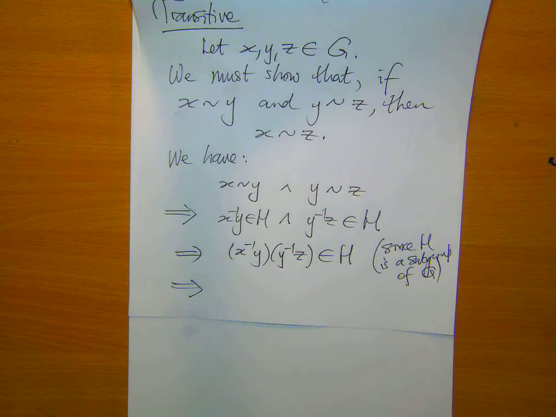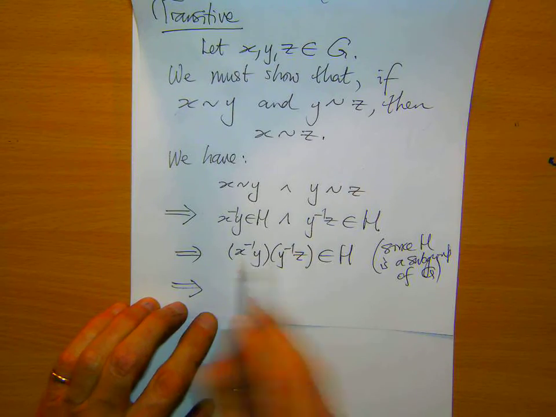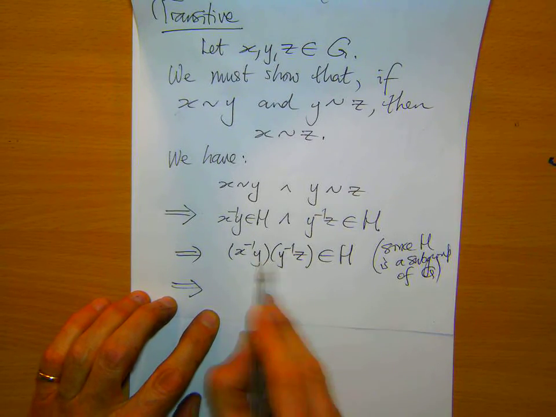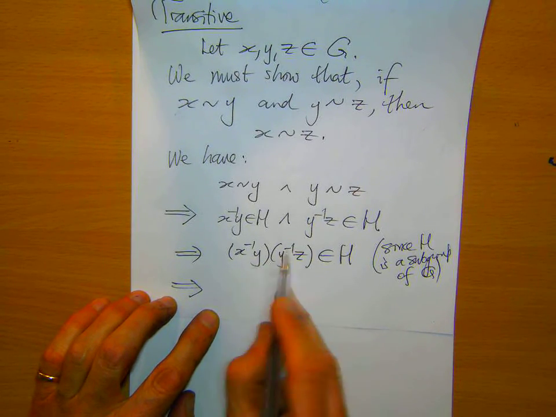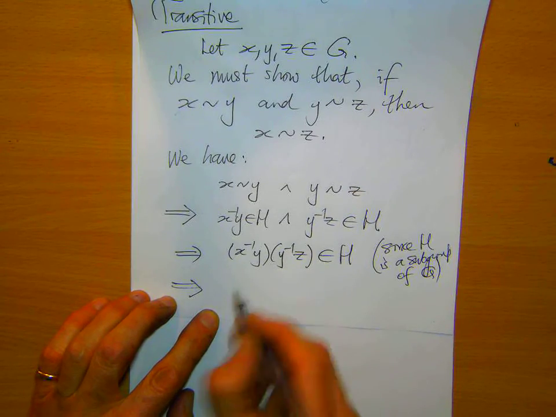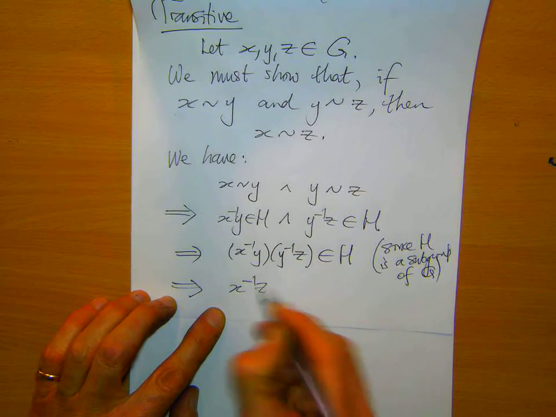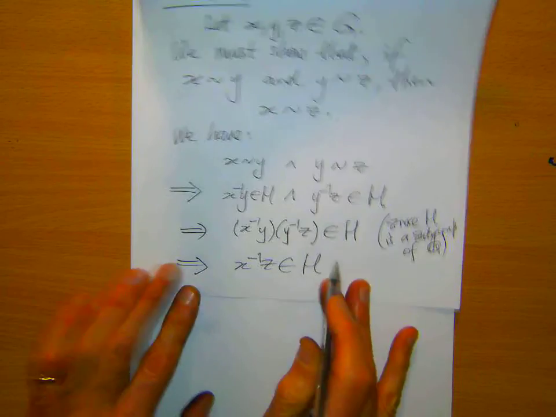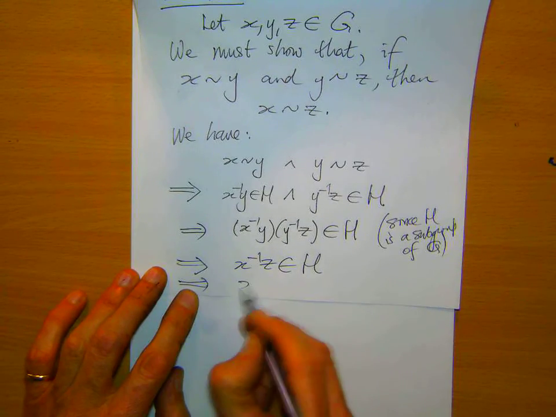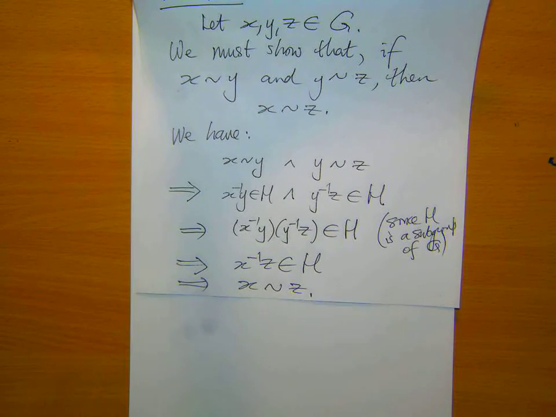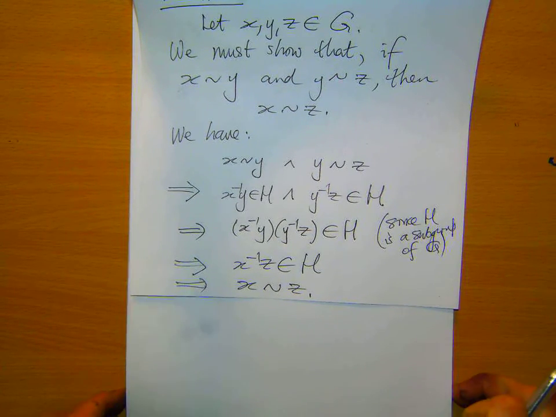Well, I'm not going to do all the steps in the computation. I've got y inverse y when I take the brackets away, which gives me the identity element. So I ended up with x inverse z is in H. And that says that x is related to z. Okay, so that shows that my tilde relation is transitive.